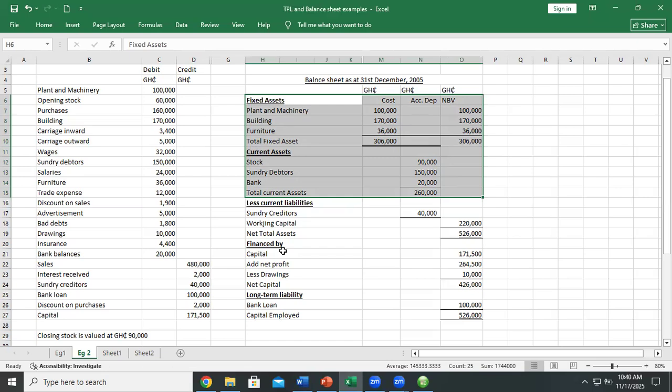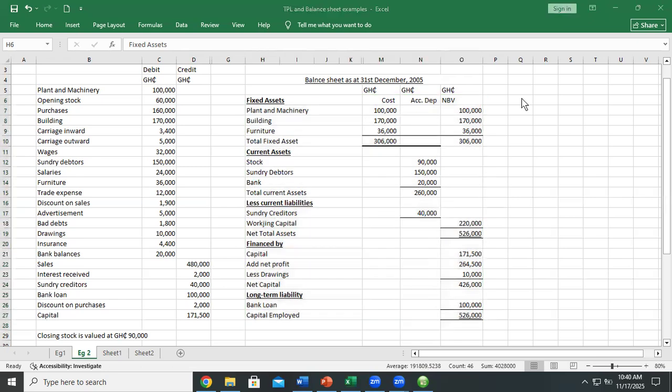But what I know is that if I use the vertical method and another student uses the horizontal method, we might not get the same balancing figures. I don't know if I'm making sense. Even with the horizontal method, it depends. If I use the horizontal method but went in for the net asset model, then the figure should be the same as I've presented here.